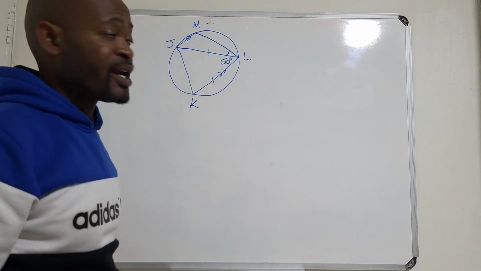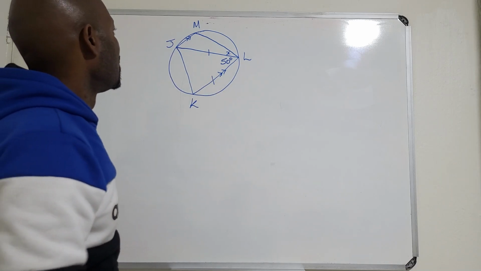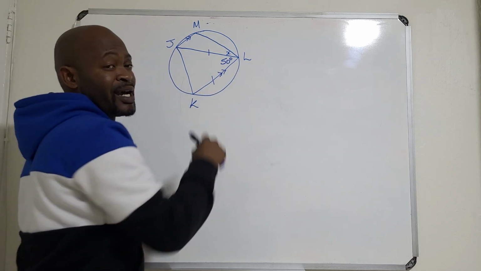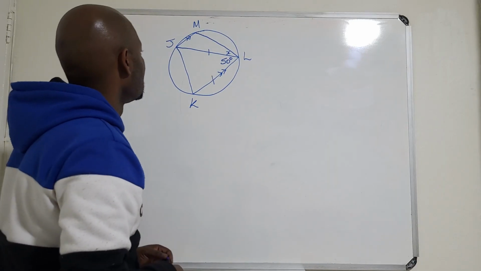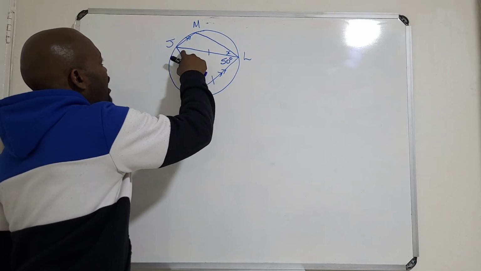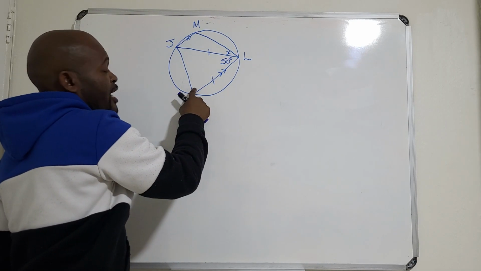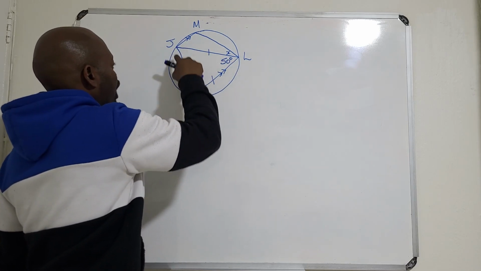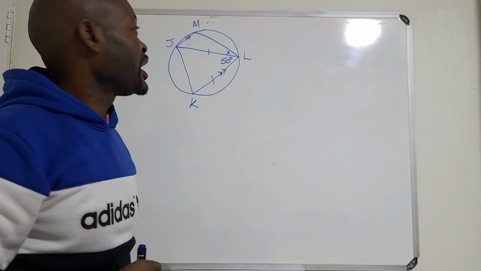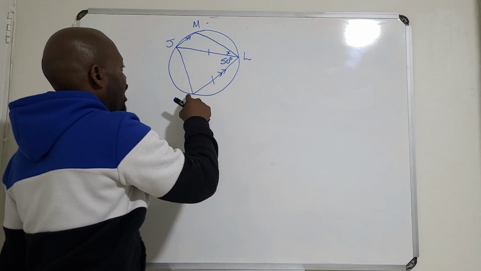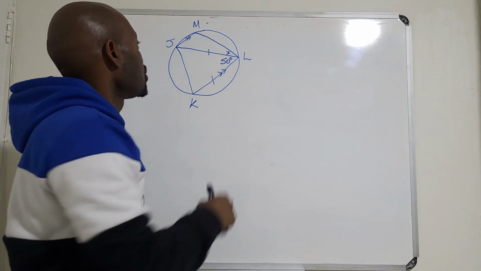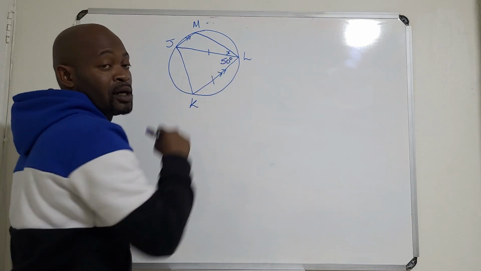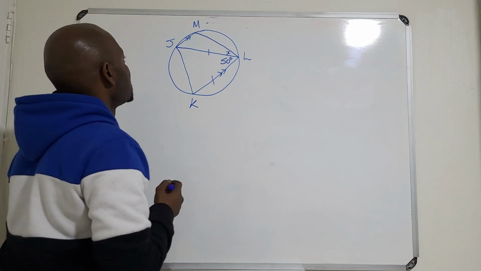For us to find x with reasons, since JKL is an isosceles triangle, this angle here is equal to that angle there. Therefore, angle LJK is equal to angle JKL, because JL is equal to KL. Now, let's write it down.